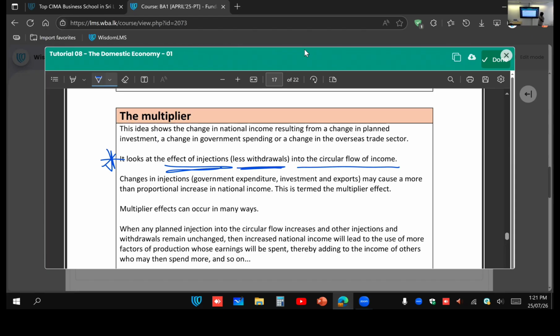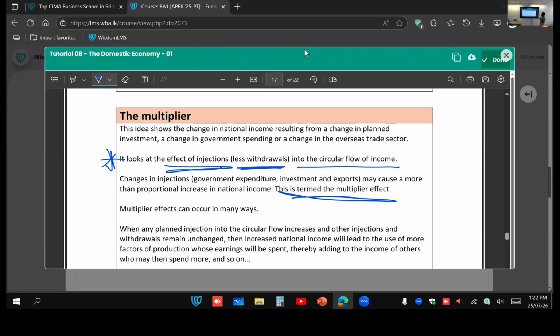This is termed the multiplier effect, which is just like the accelerator. Now we increase the national income by 2 units. Aggregate demand increased by 5 units, more than proportionally, right? Getting accelerated. Similarly, the multiplier effects: we injected, let's say, 10 million rupees, but it creates a multiplied effect when it comes out.